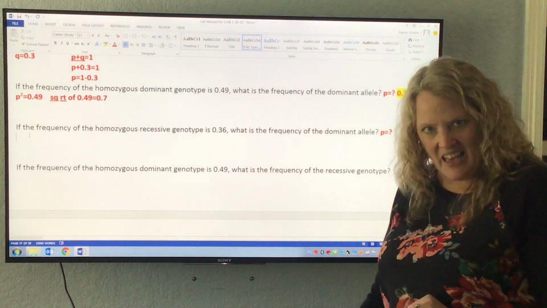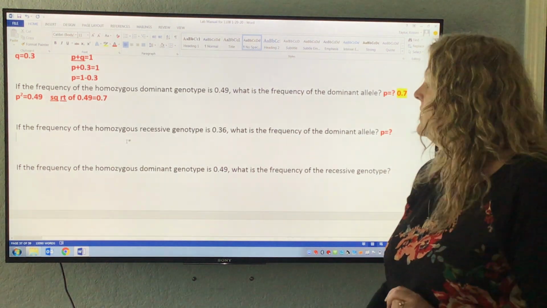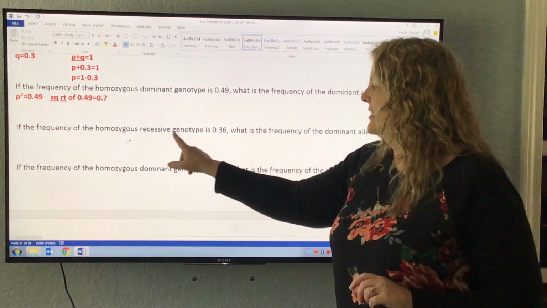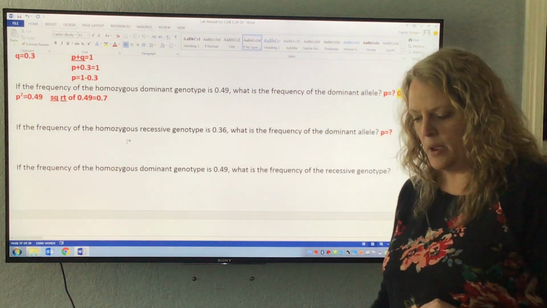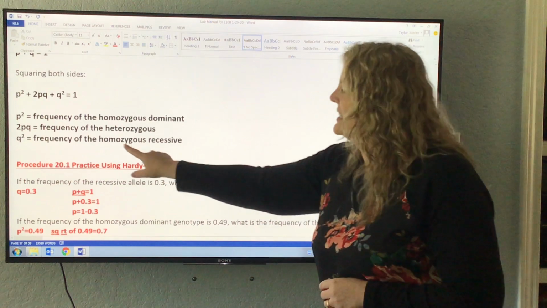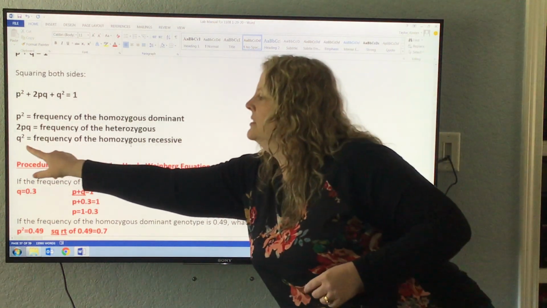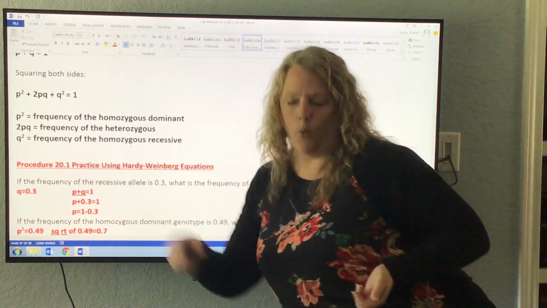What we are given in the problem is the homozygous recessive genotype. Remember, the homozygous recessive genotype is Q squared.